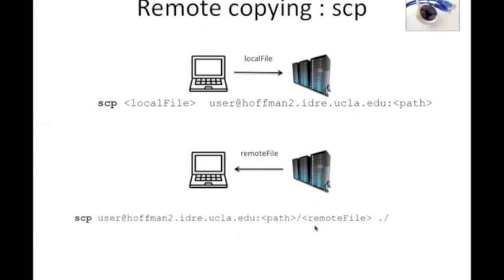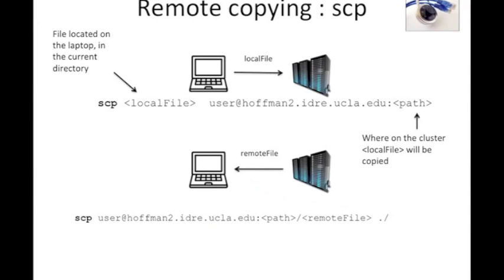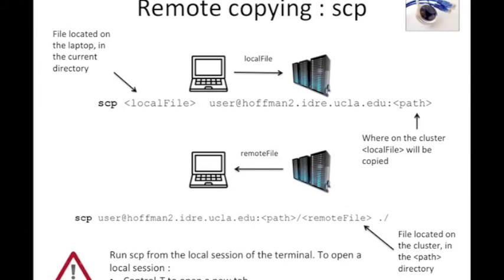If you're copying the file from the cluster to the local machine, you do SCP, your username, the Hoffman2 address, and so on, path where the remote file is located, and then in this case I say /, which stands that I want to copy that remote file to the current directory. Otherwise, I can just provide the directory right here. Okay, this is kind of high-level idea. Okay, so once again, this is the file located on the laptop in the current directory you want to copy.